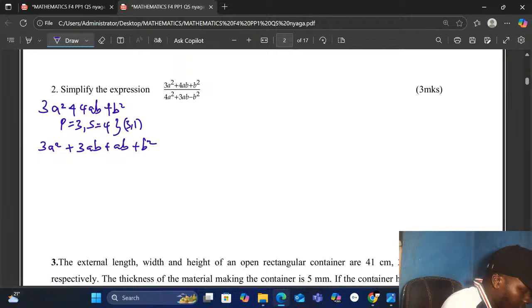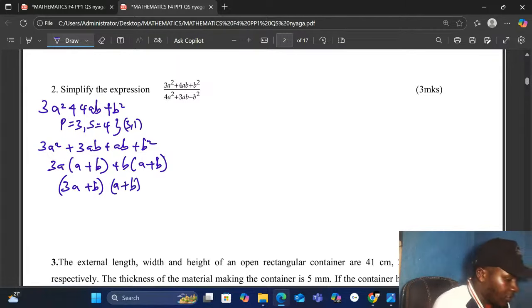Then we collect the right terms and factor out. We factor out 3a so that we have 3a into a plus b, then plus b into a plus b. So we take 3a plus b, then a plus b. That is the value of the numerator.